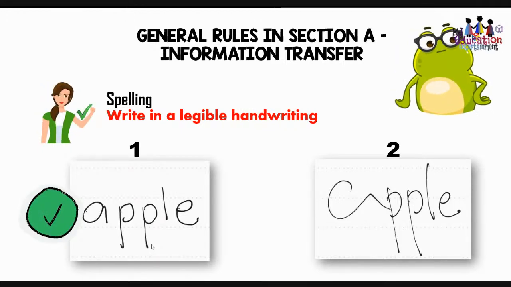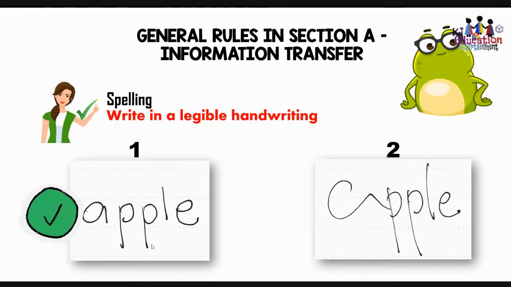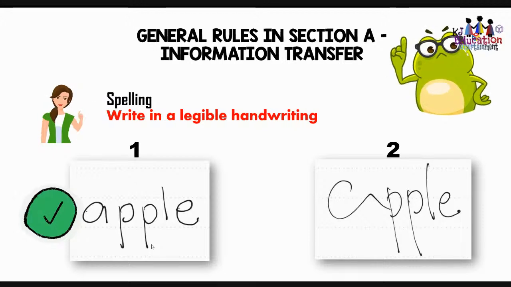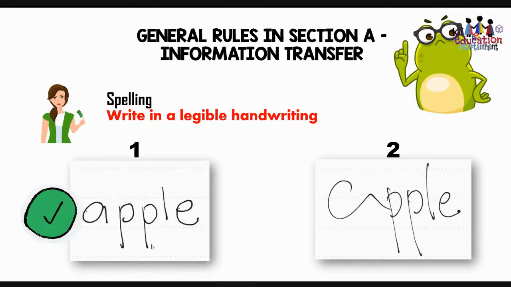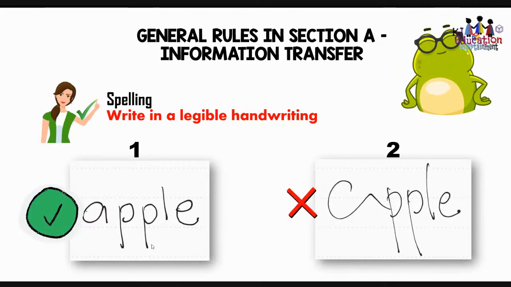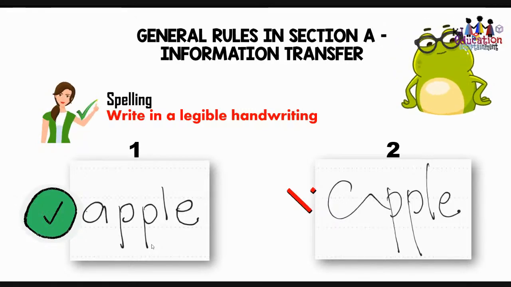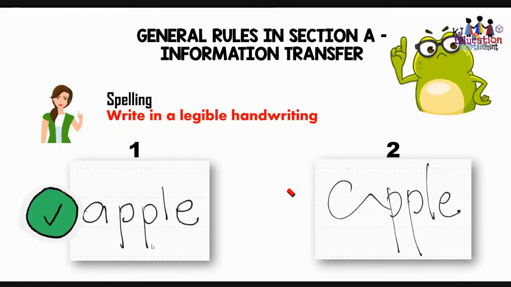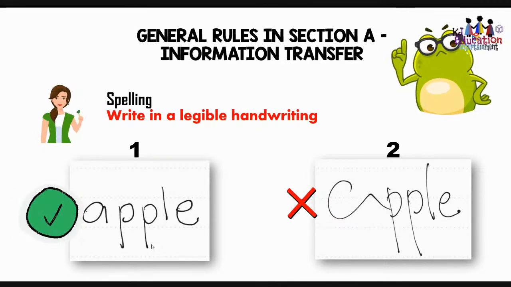As you can see, we can see the letters clearly. The word apple is clearly written. While if you look at picture number 2, look at the letter A. The letter A seems to look like the letter U, which is not clear at all. These are the common mistakes that occur when it comes to section A. So you have to be very careful in your handwriting.